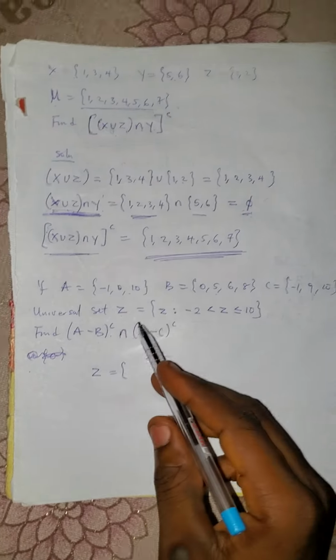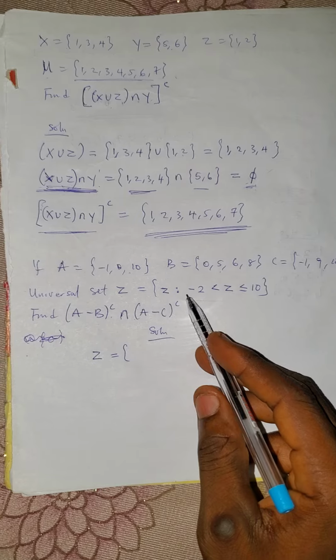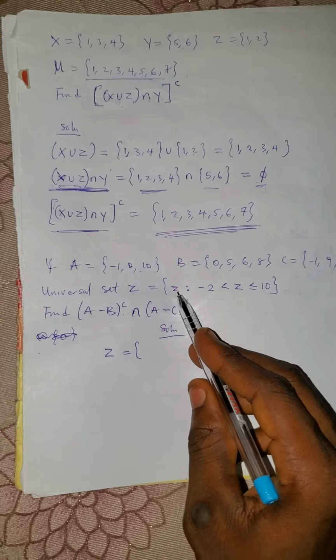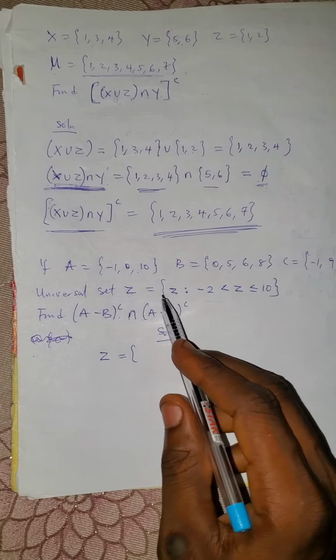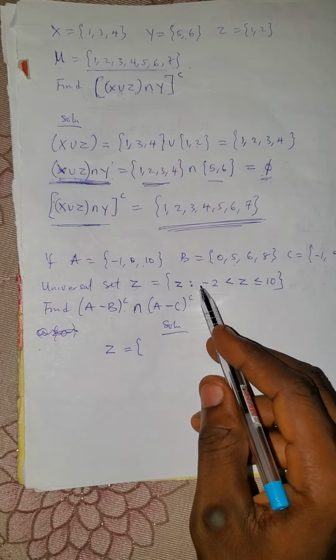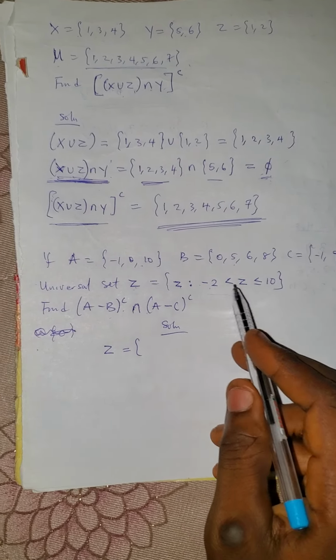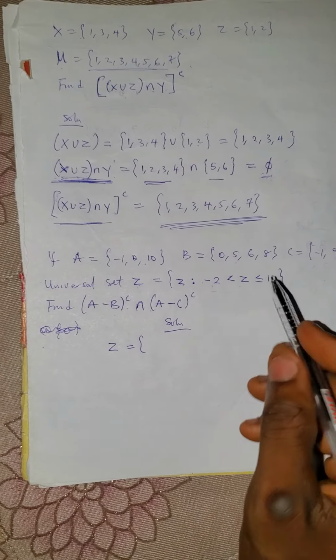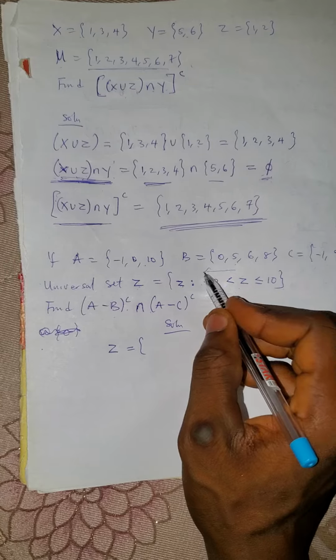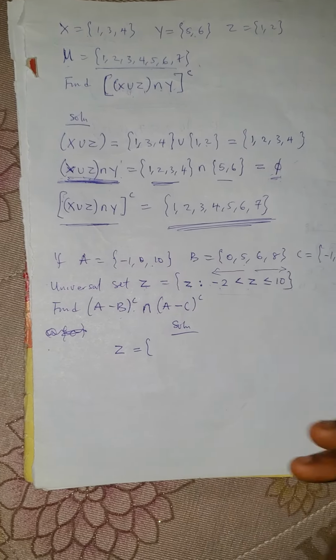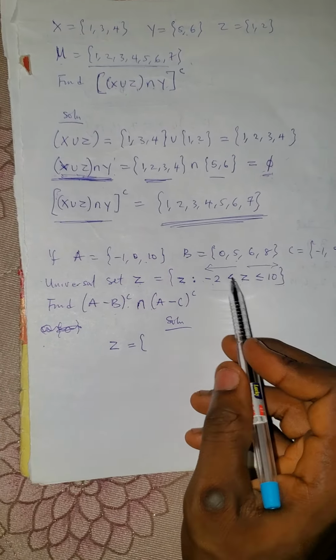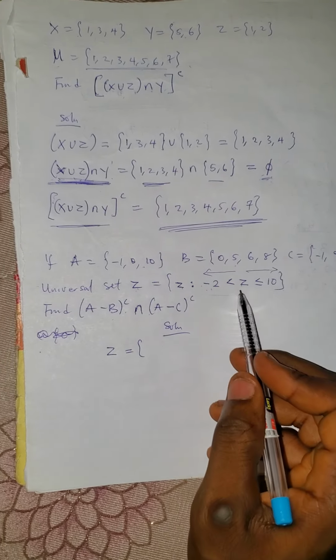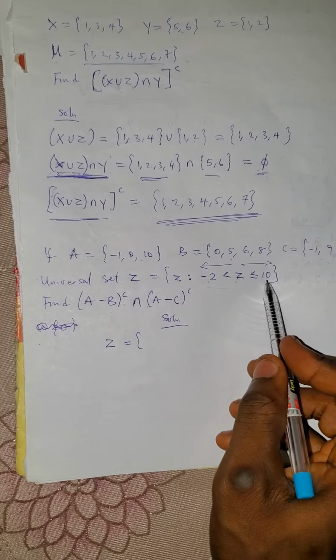They said the universal set is Z, and this Z has the element z, and the element z is such that minus 2 is less than z and less than or equals to 10. It shows that you now take the arrow like this. This z we are looking for is greater than minus 2, but z is lesser than 10.